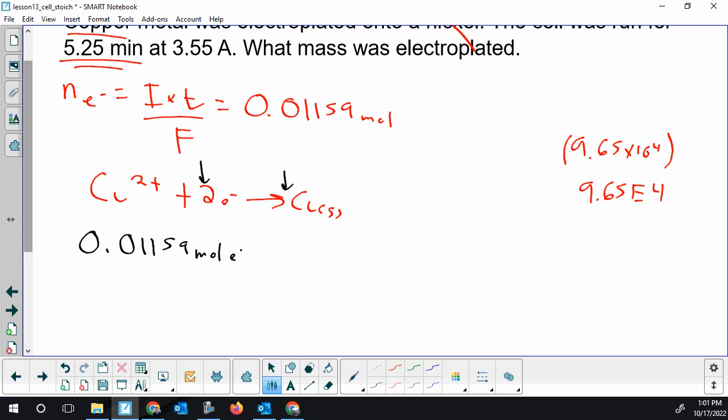What we want goes on the top. So we want to get the elemental metal, which is 1, and what we know already is the electrons, which has a coefficient of 2.